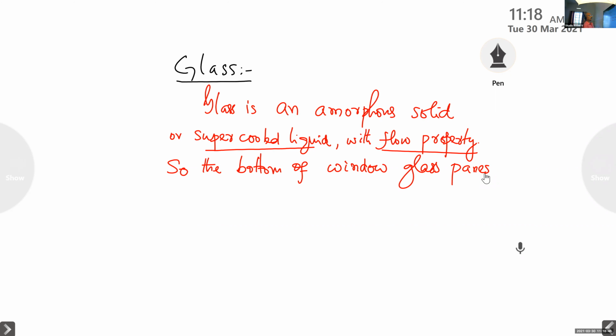Bottom of window glass panes of ancient buildings is thicker than the top.